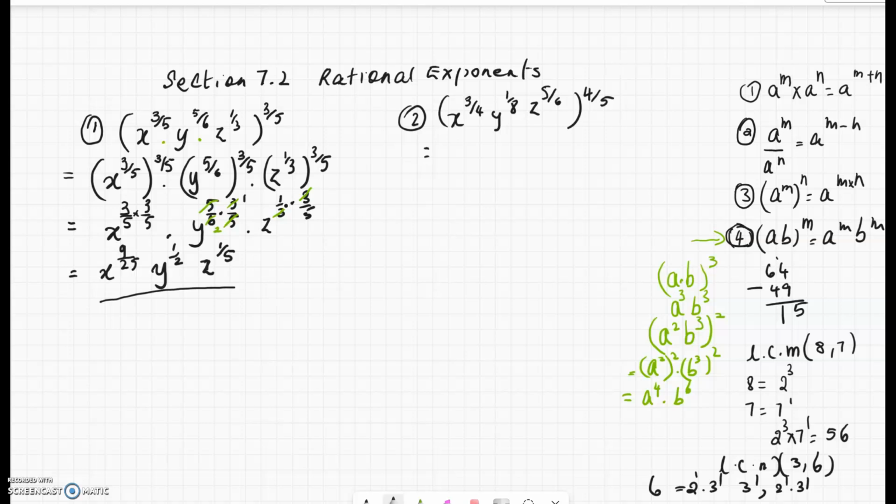Next, exact same thing. Each of these is multiplied to the other, and the power is 4/5.